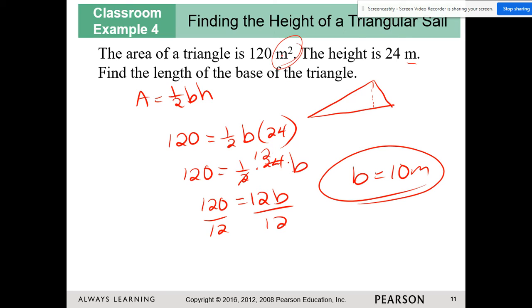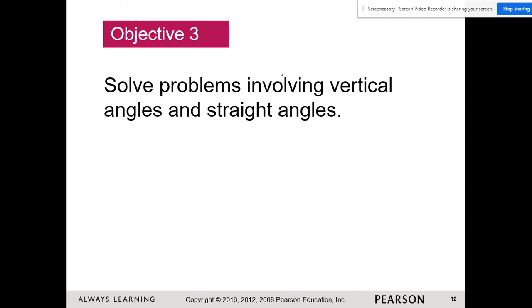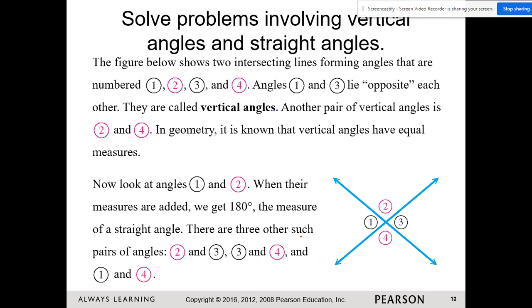Remember with area, you're going to have the units squared. So that's just kind of a heads up there. Vertical and straight angles. Okay, vertical angles are opposite of each other. So for example, we look at 2 and 4, we would call those vertical angles, and vertical angles have equal measure.